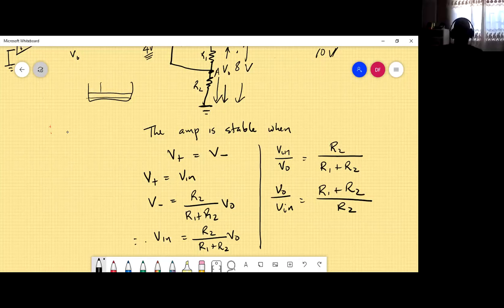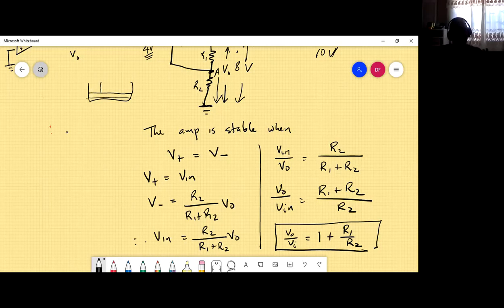So we arrive at the formula: R2 over R2 is 1, plus R1 over R2. That is how we see the formula in the book. All we do is replace R1 and R2 with impedances Z1 and Z2.